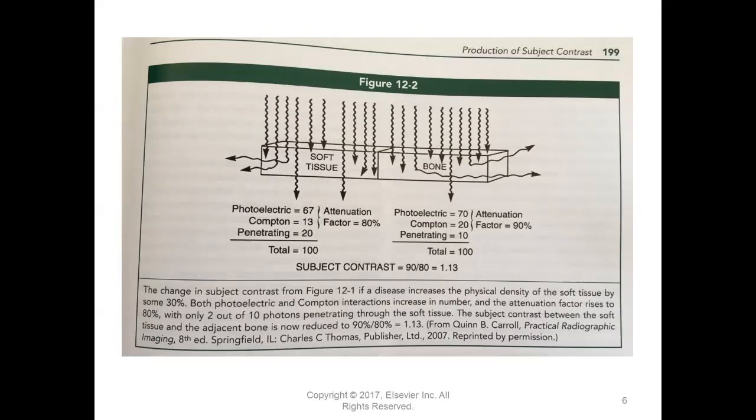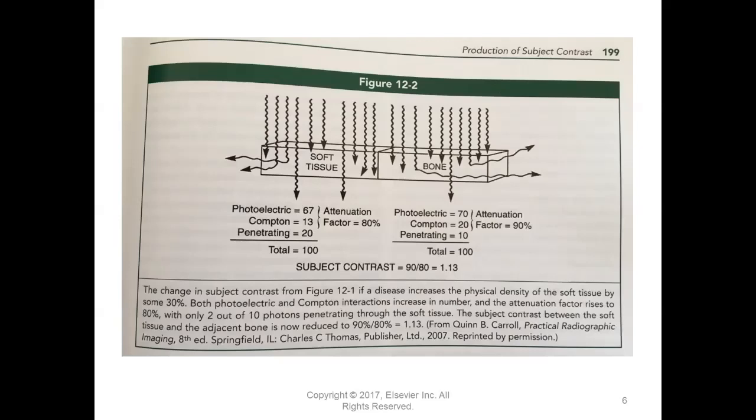So now, because we've changed the density of the soft tissue, it's a little closer in composition to the bone. It's absorbing more, scattering a little bit more, which means there are fewer photons left over to just pass through without interacting. So now we look at our contrast ratio for this example, and we've got 90 divided by 80 for a subject contrast of 1.13.